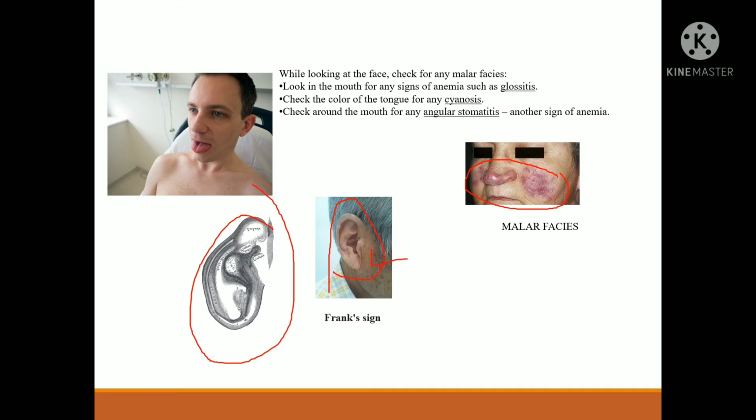Also look in the mouth for any signs of anemia such as glossitis, that is inflammation of the tongue. See for the change of color of the tongue in case of cyanosis, and check around the mouth for any angular stomatitis, which is another sign of anemia, which indicates decreased perfusion.